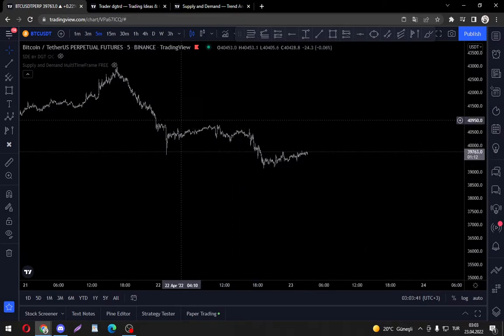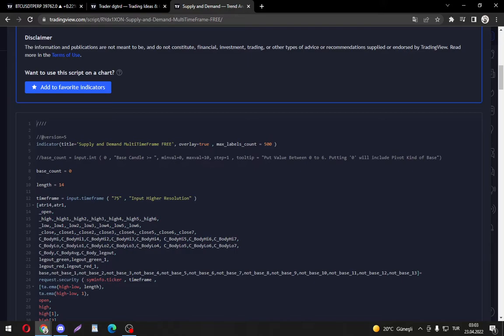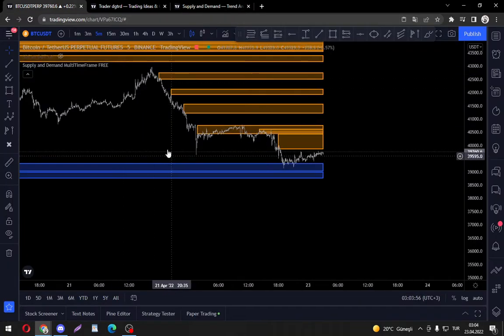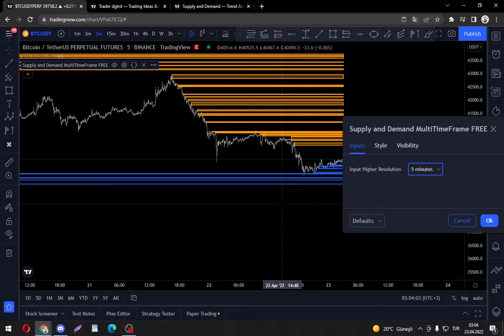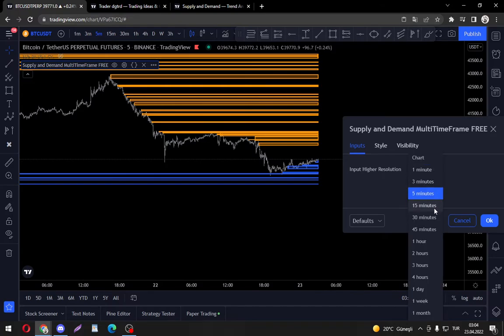So the first of the two indicators, which is a fairly simpler version as far as I can tell from the coding, the Supply and Demand Multi-Time Frame Free by KapoorChandra, is an indicator that directly plots the supply and demand zones from the price action itself, as you can see. And the cool part is that it has a multi-time frame function.